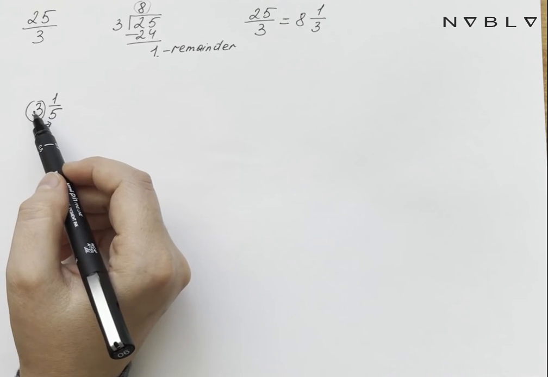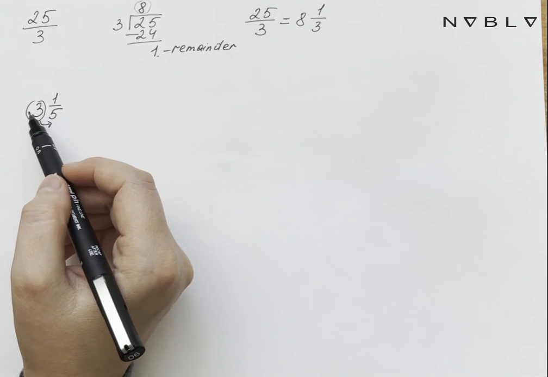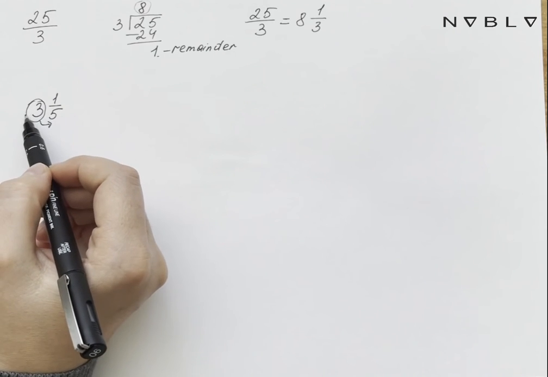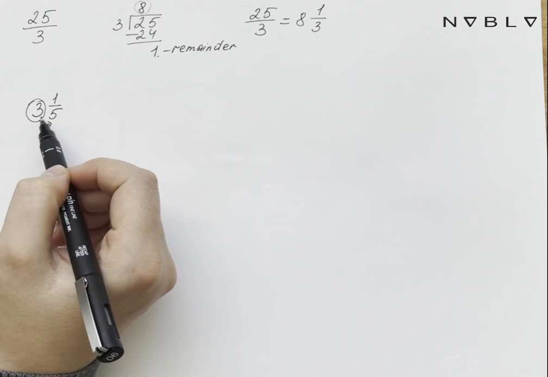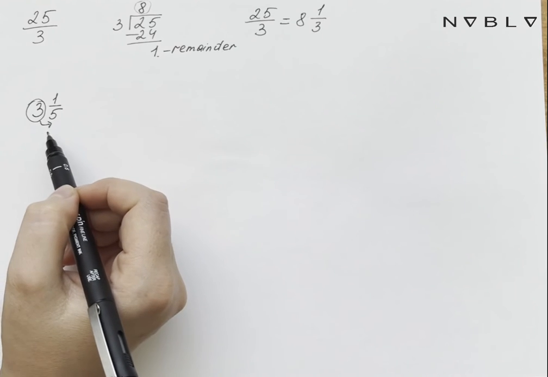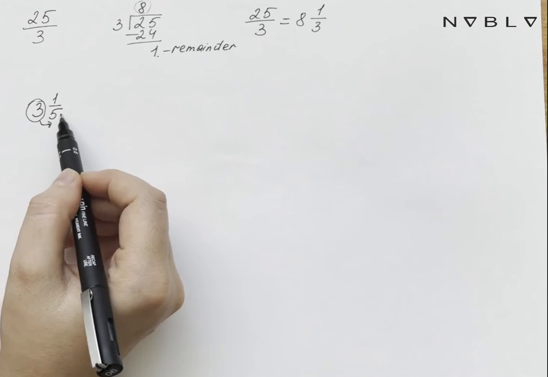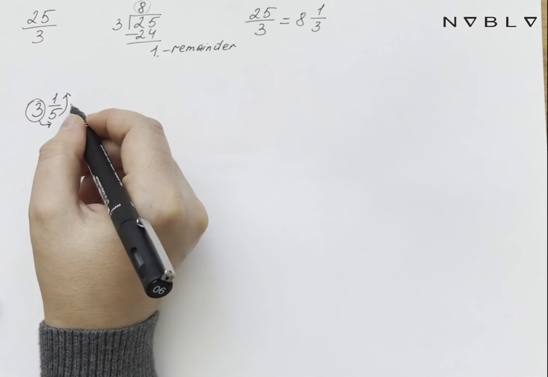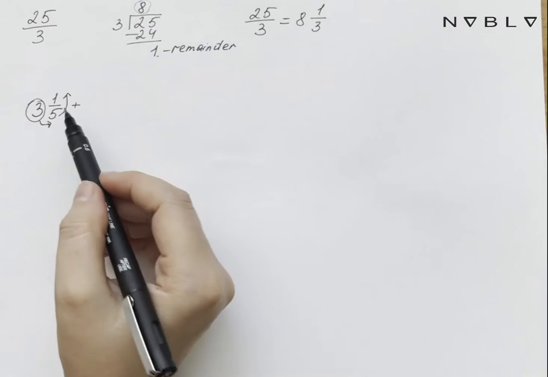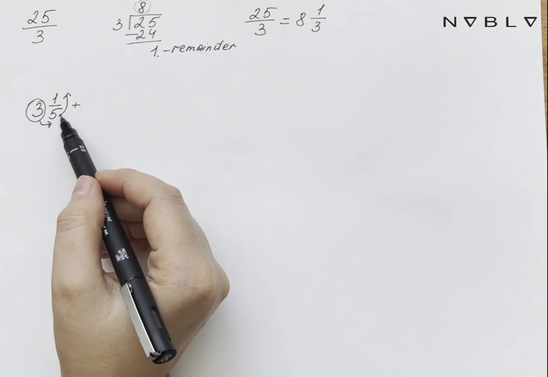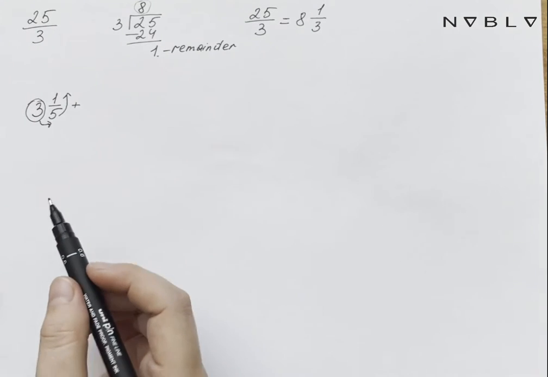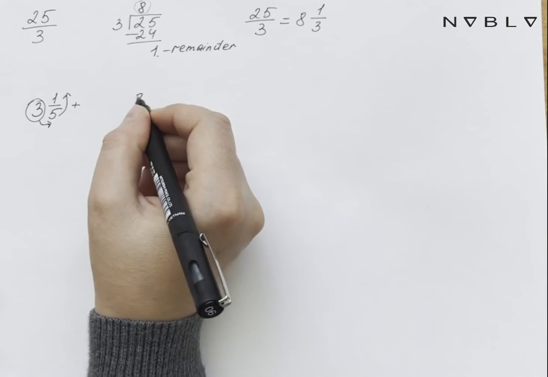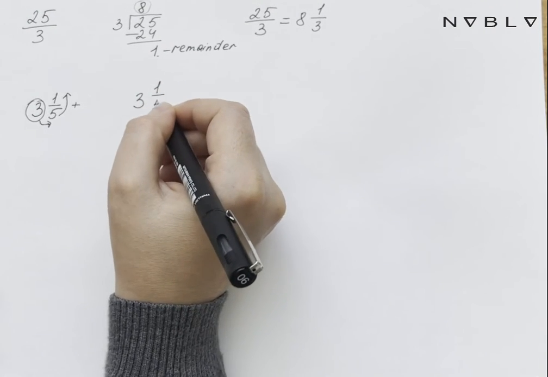Okay. In order to make a mixed number into an improper fraction, we must multiply the whole number, the integer part, by the denominator 5 and add the numerator. Again, 3 and 1/5.